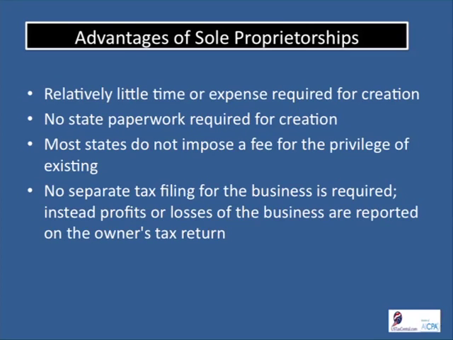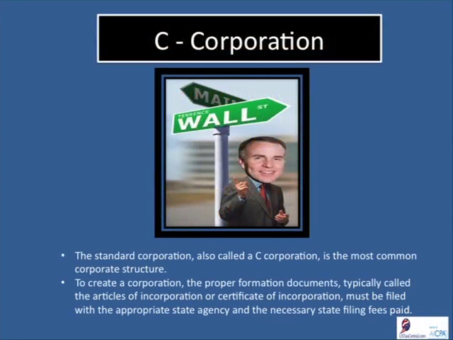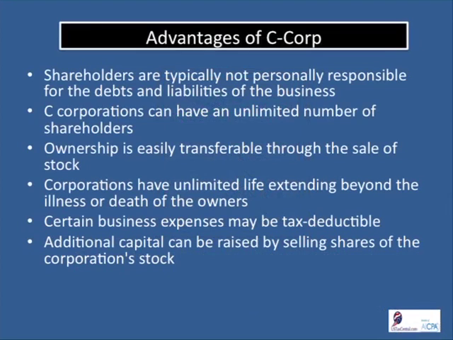So with C Corps, which is on the next slide, they've got more formalities. But otherwise, in terms of asset protection, the C Corp still gives you the same amount of asset protection as the LLC, but there are more responsibilities that arise from having a C Corp.